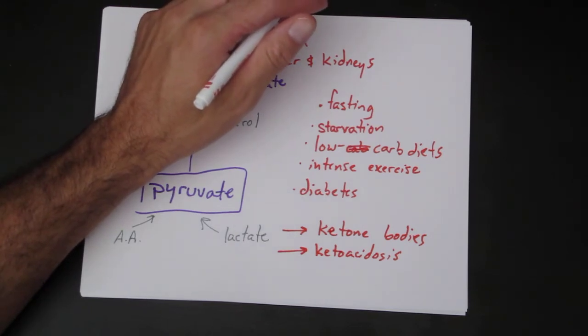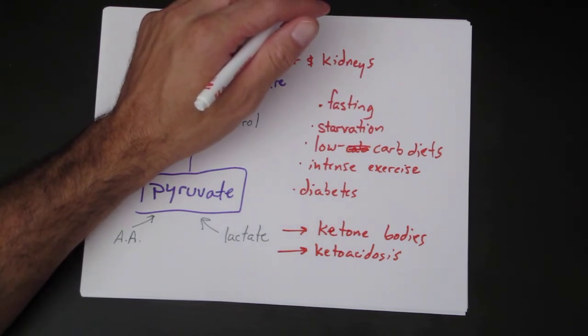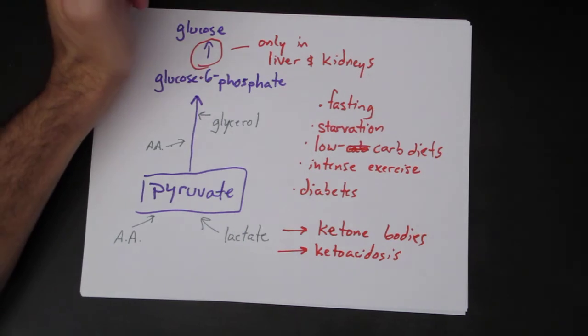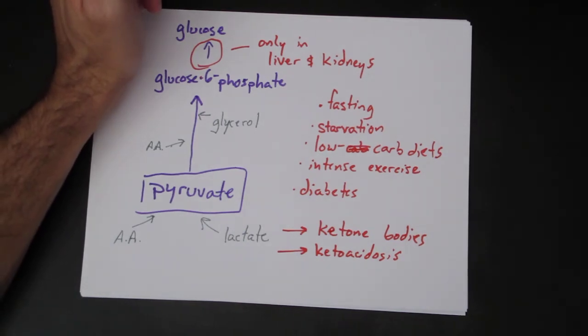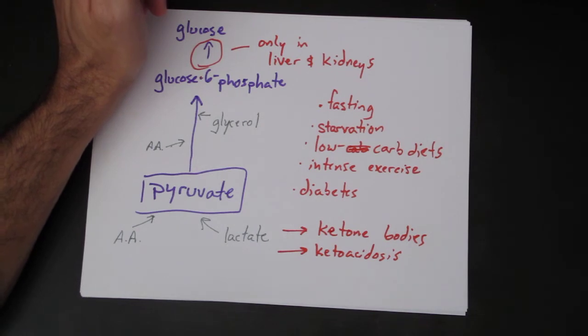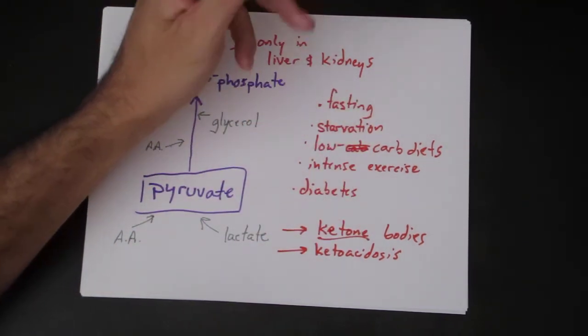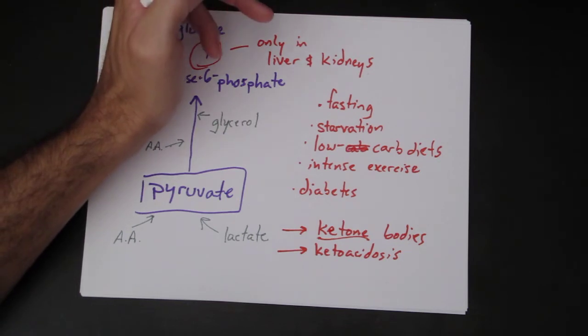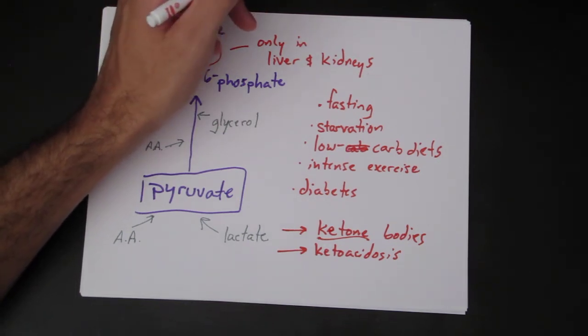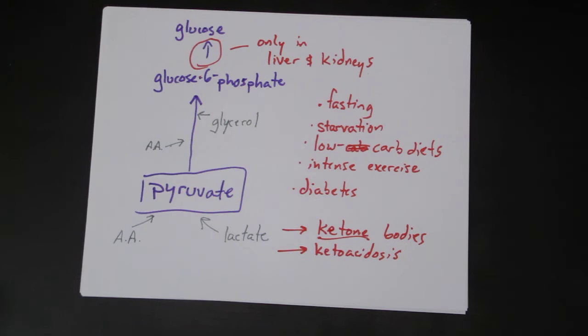So later on this semester, we're going to be doing a urinalysis where you're going to look for the presence of ketone bodies in your own urine. But those ketone bodies can also appear in other strange places as well. One of the things that we do sometimes is we give them off in our breath. So somebody who's doing a lot of this, you can actually start to smell the ketone bodies on their breath. They smell very sweet, and the smell of their breath is going to change as a result of it.